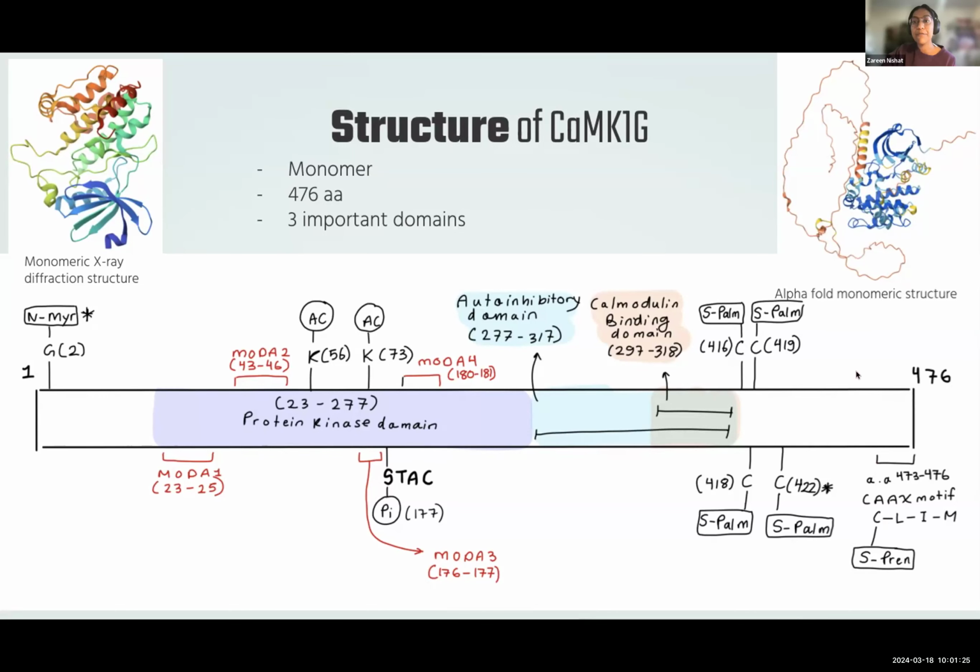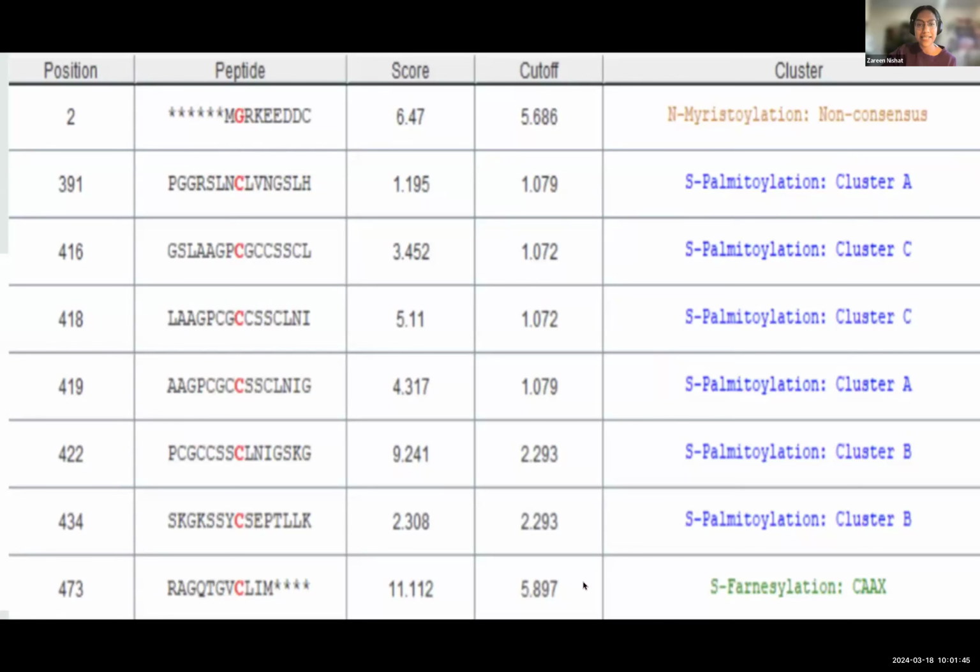And then there are 4 possible palmitoylation sites, and this is critical for it to get sorted into the lipid rafts. But the most important thing is this S-prenylation at this CAAX motif near the C terminal. Without it, it doesn't get sorted into the PM or Golgi and dendrites. And you can see the CAAX motif has the highest score in GPS-Lipid as well.